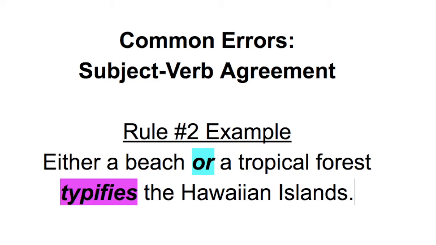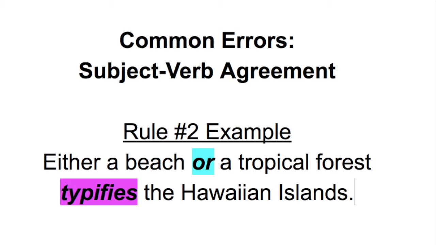All right, so let's look at the example to go along with that rule on activity page 47. Either a beach or a tropical forest typifies the Hawaiian Islands. So we see we have beach or a tropical forest. That means one or the other. Do you hear that? One or the other, and one means singular. So when this happens, we look at the verb typifies.